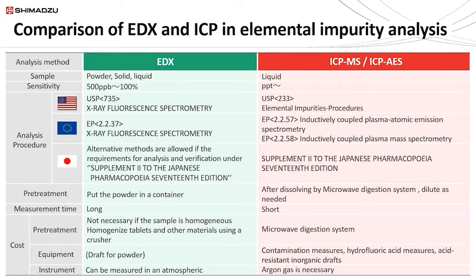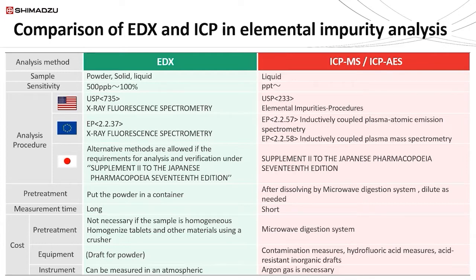There's really nominally no equipment for EDX. There could be a draft for powders. But for ICP-MS, you're working with a lot of acids. You're working with argon dewars or cylinders. There needs to be acid-resistant glassware. You could sometimes be working with hydrofluoric acid, for example, for pharmaceuticals where titania is the excipient.